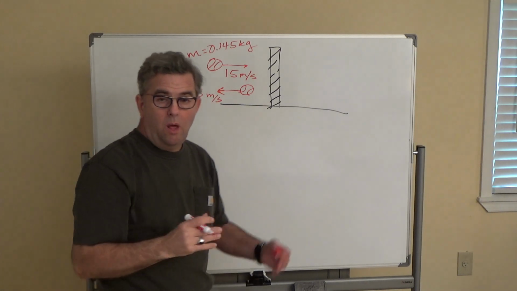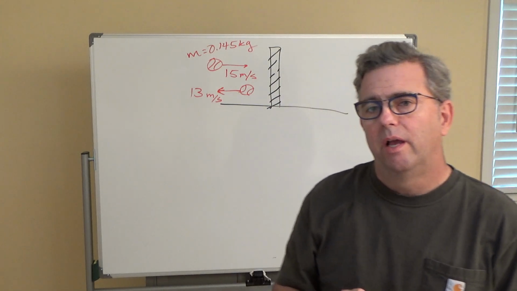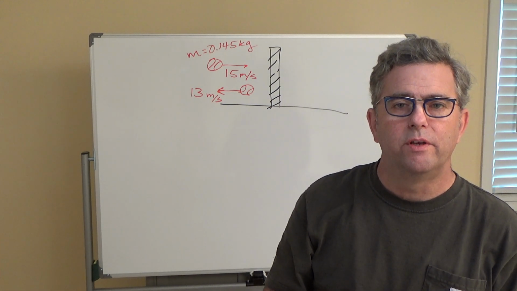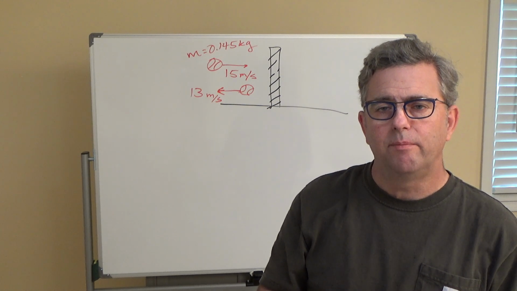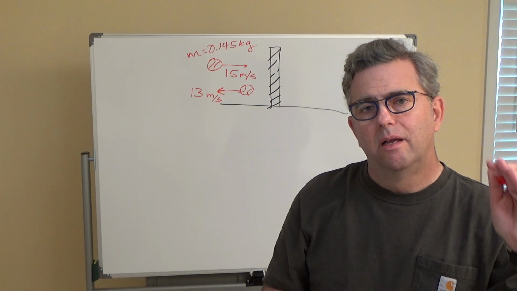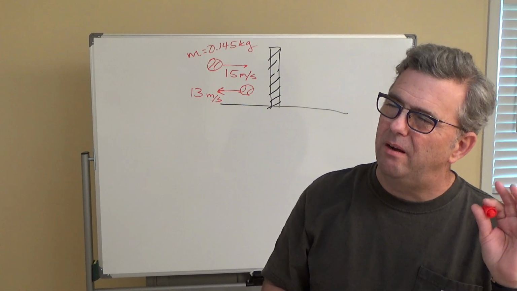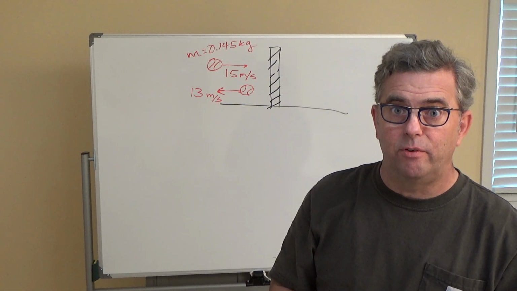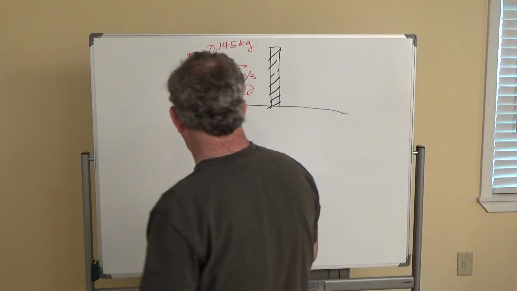Okay? So I lost a little bit of kinetic energy. That's not going to matter as far as kinetic energy for this momentum calculation. Here's what I'm going to calculate. I'm going to calculate the force. The net force acting, I'll calculate the average force on the baseball.